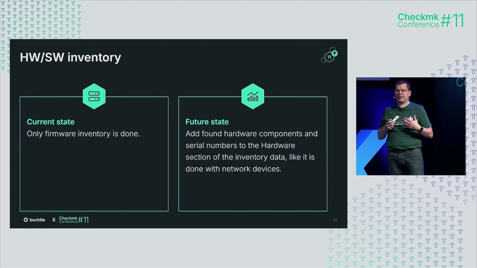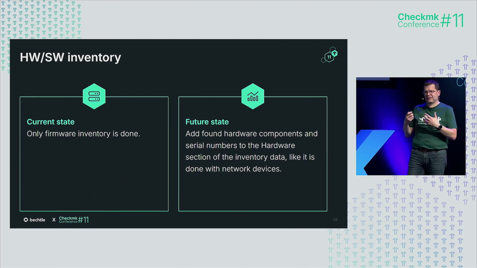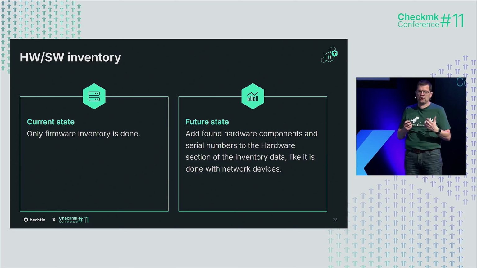For the hardware-software inventory, first I put some sorts inside what we have now. It's only the firmware inventory. You will now see why firmware inventory. That's in Redfish not a real hardware-software inventory, but you normally have an endpoint in a Redfish interface where you can fetch all the installed firmware on all the components.